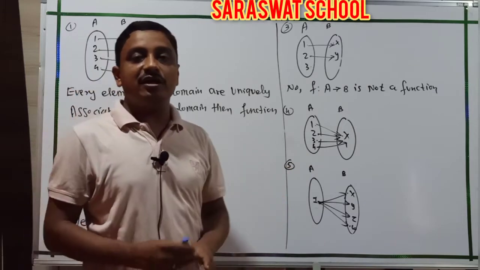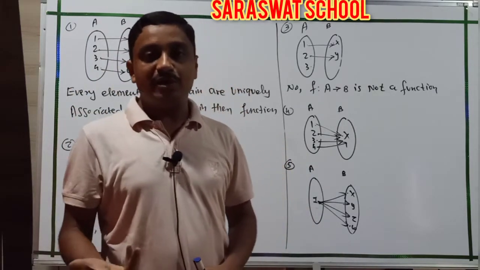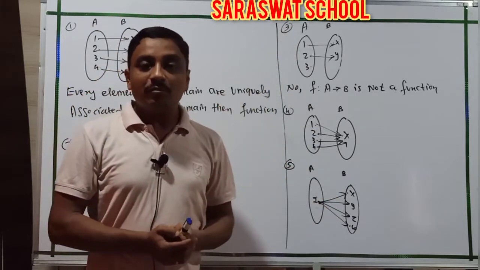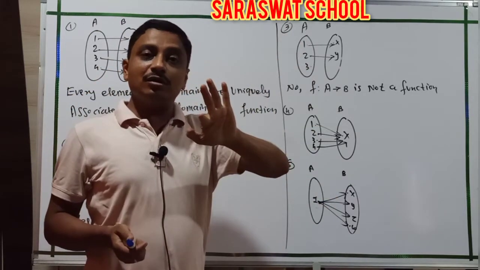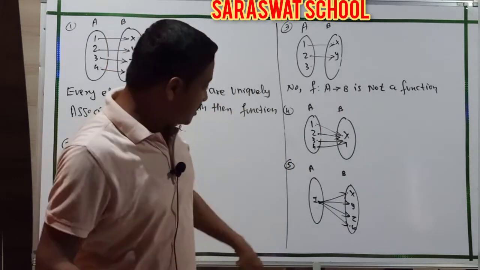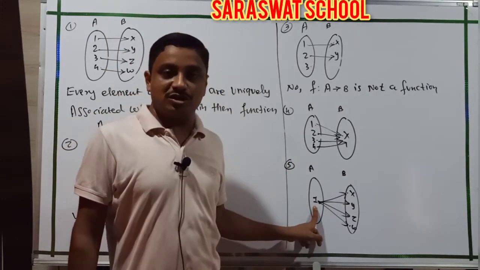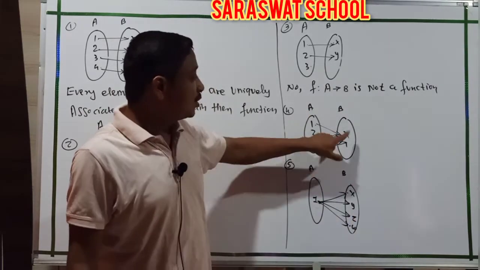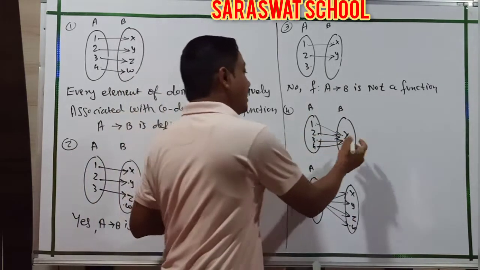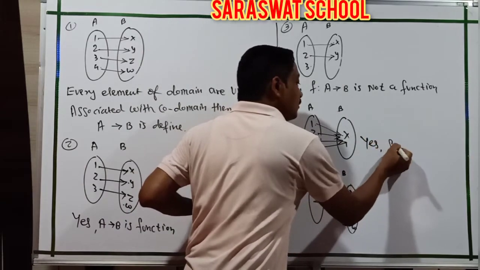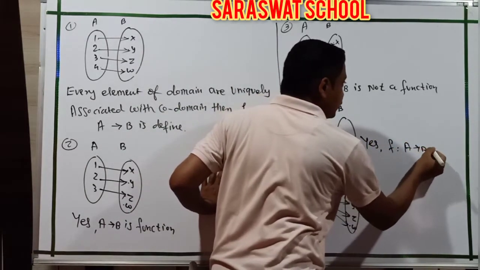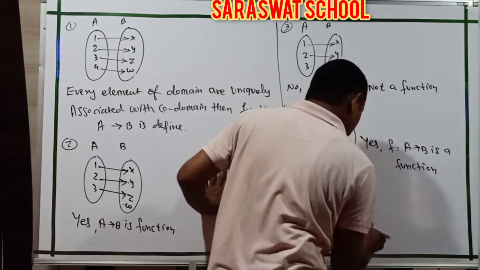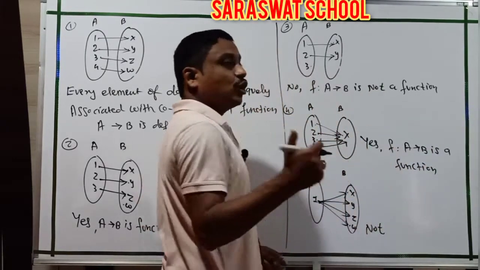Just like understanding Narendra Modi sir, our PM. All of you know his name. But Narendra Modi sir does not know our names. It means consider a single person, Narendra Modi sir. So he cannot have a relation with us. We all know that name. Means here write down yes, f A to B is a function. But here not. It is not a function.